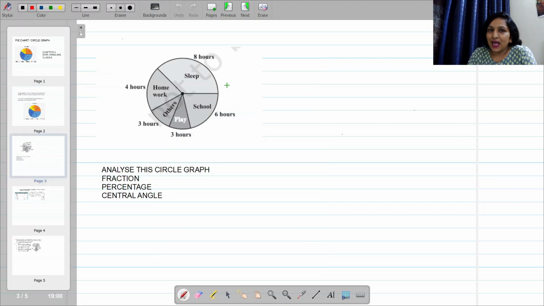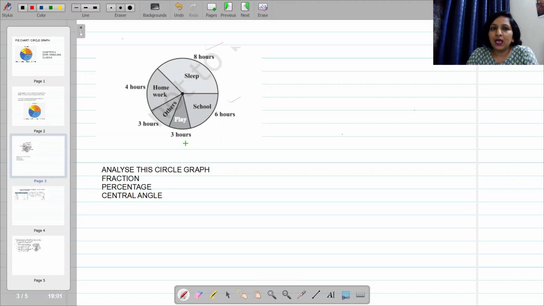Let us analyze what we make out from the given information. First of all, have a look, sleep 8 hours, school 6 hours, play 3 hours, other miscellaneous activities 3 hours, and homework 4 hours. So let us first understand how many total hours this circle is representing. 8 plus 6, how much is that?